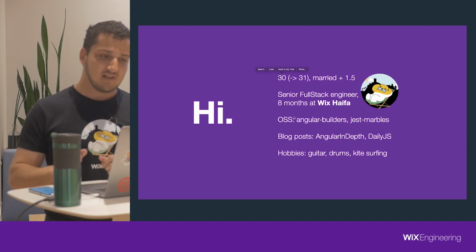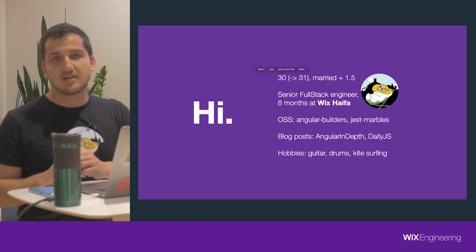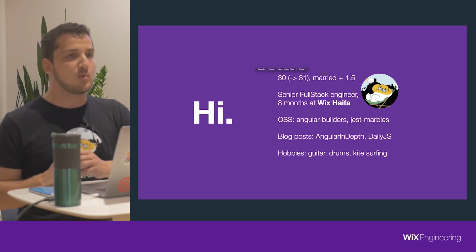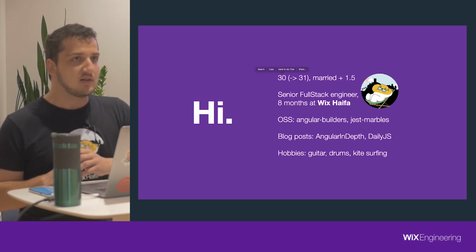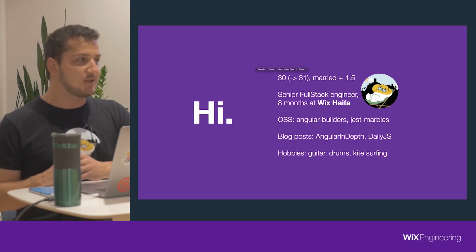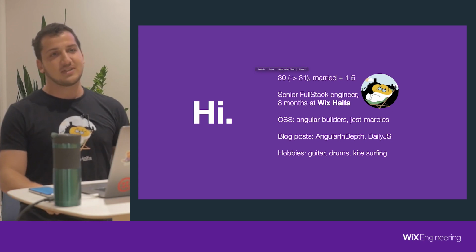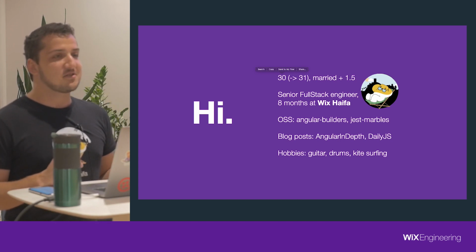Who am I? My name is Jenia, and I'm 30. I'm a senior engineer here at Wix. I've been working here from basically day one of Wix Haifa. Apparently I have a lot of free time, so I do open source, and I write blog posts, and I play guitar and drums, and do kite surfing.